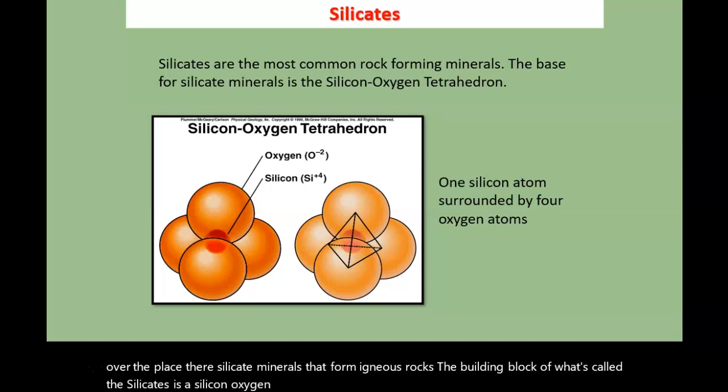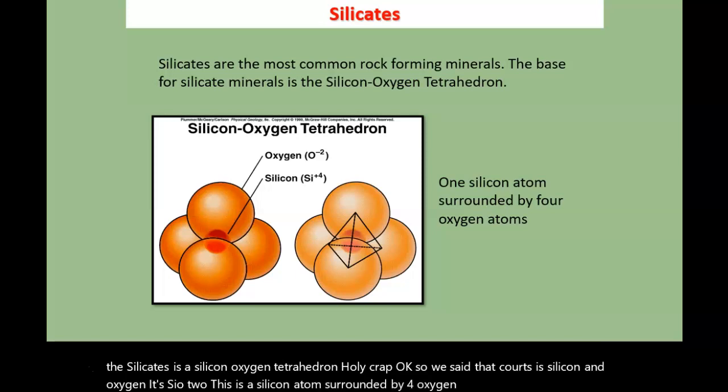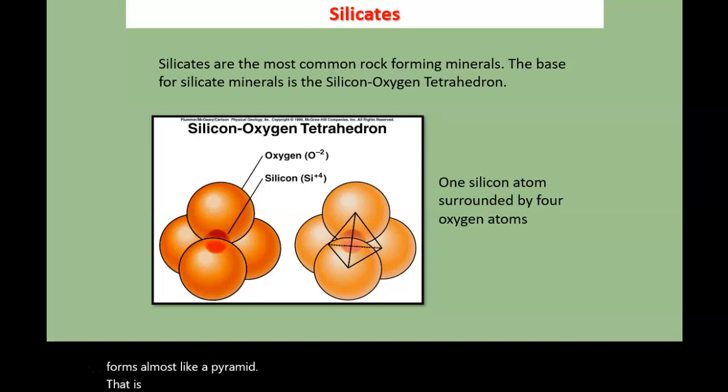Okay. So we said that quartz is silicon and oxygen. It's SiO2. This is a silicon atom surrounded by 4 oxygen atoms, and it forms almost like a pyramid. That is part of the formula for silicate minerals.